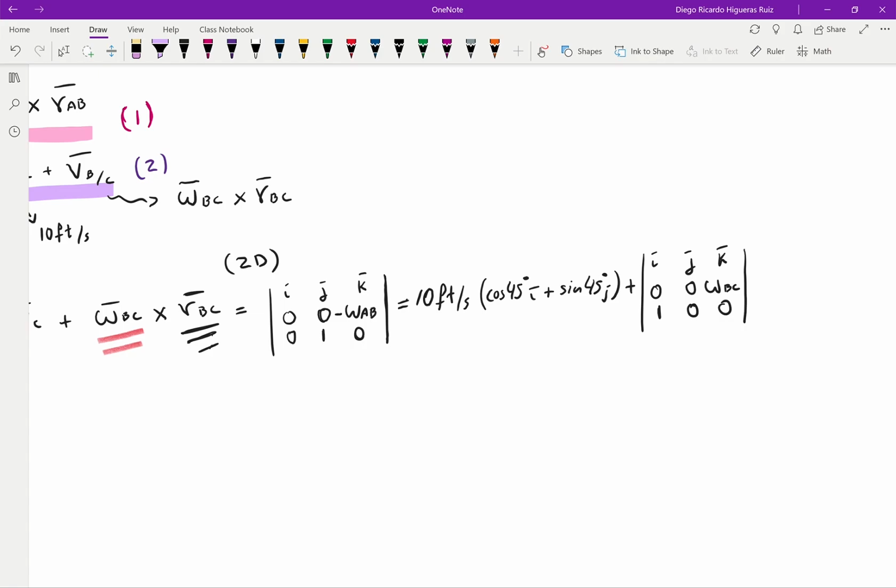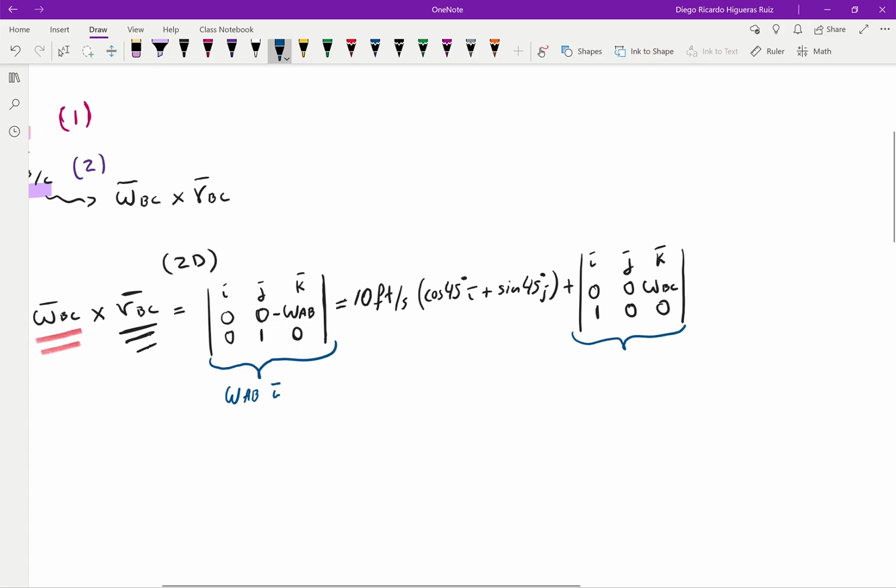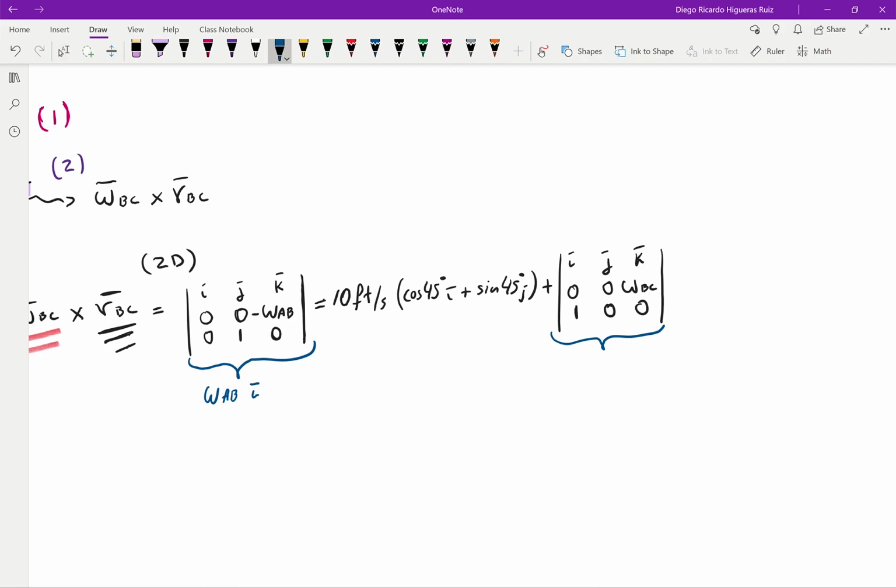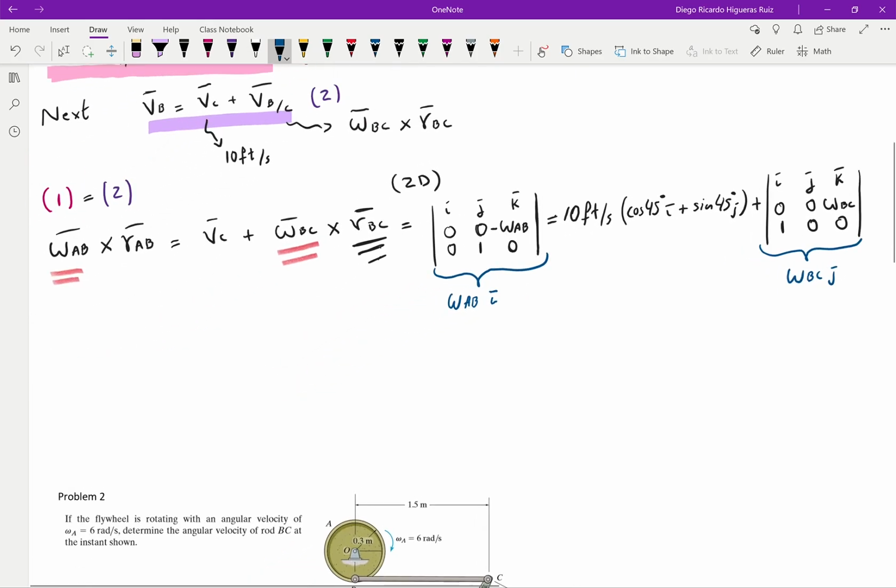I need to solve for this. For the first term here, we're gonna have omega AB I positive, and for the second cross product, it's gonna be positive as well, omega BC J. Now we can try to solve for these equations.